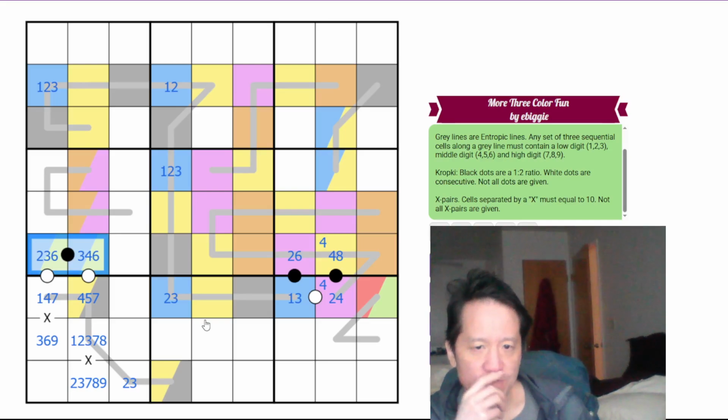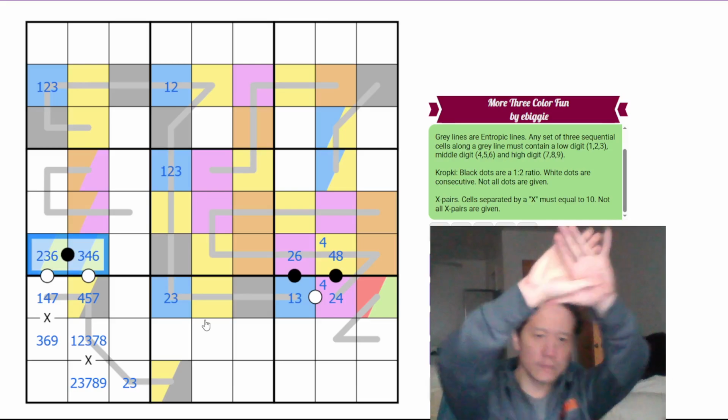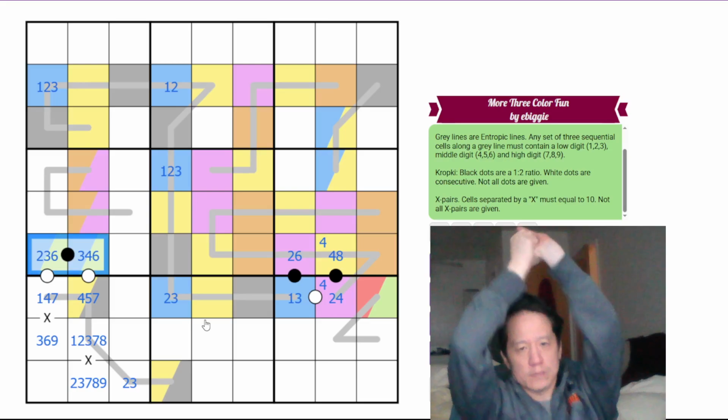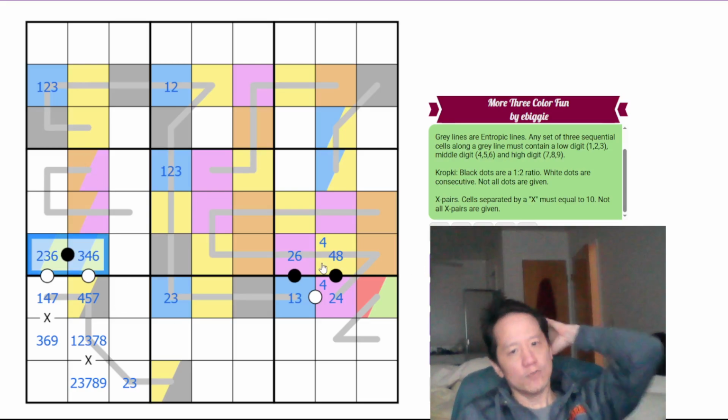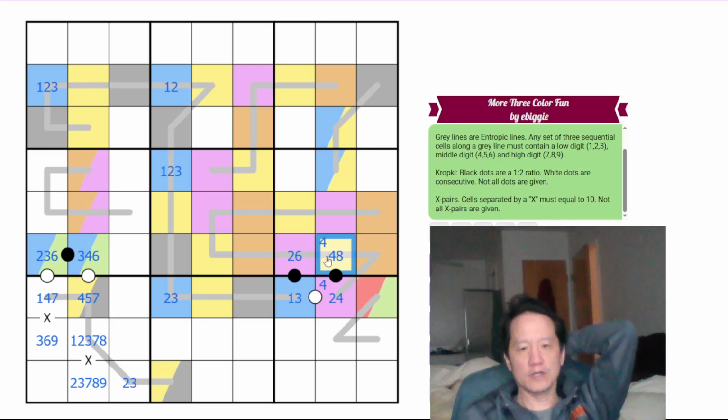because it cannot be 4 and 8. Ah, well, yellow could be... Okay, so yellow cannot be low.